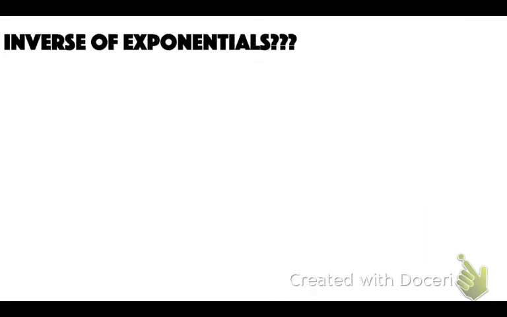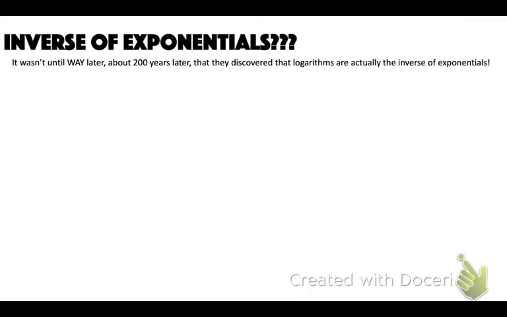Anyways, logarithms are the inverses of exponentials. This wasn't discovered until about 200 years after logarithms were actually around, which is crazy, because when I learned logarithms, I was taught that they were invented because they're the inverses of exponentials, but that's not true.